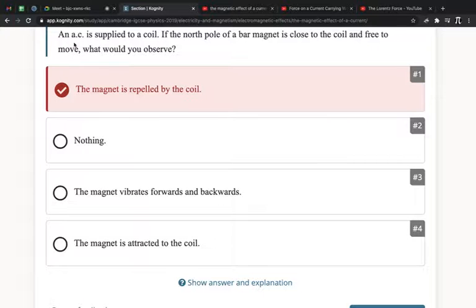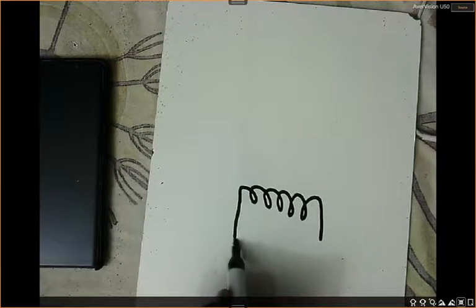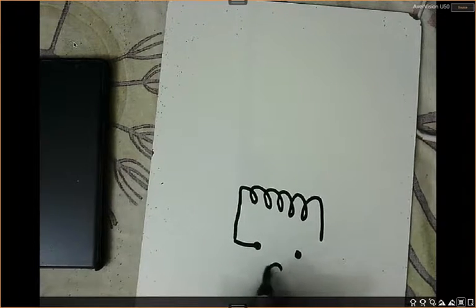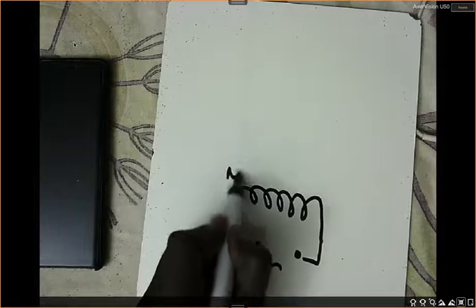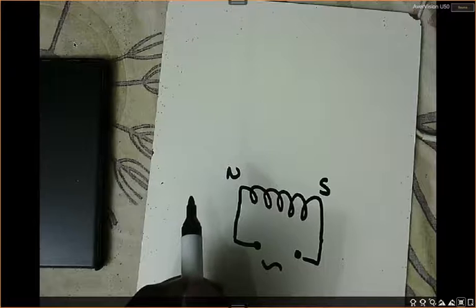If we connect a coil to an AC supply, every time it changes, for example, if this is the north and this is the south, it keeps changing.